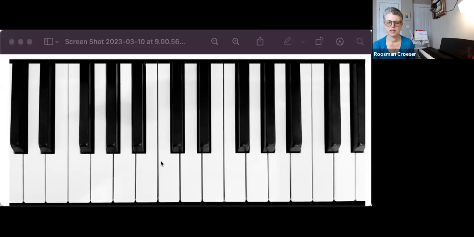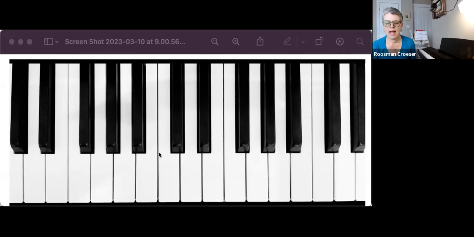A half step, now remember, when we go up on the keyboard we go right, and when we go down we go left. We do not go up from white to black. We go to the right for up, and to the left for down.